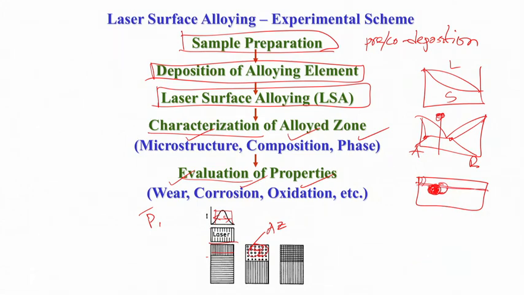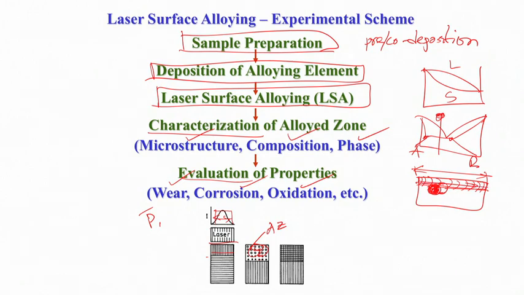The solid-liquid interfaces of the melt pool will move in this direction, and this is how you create an alloyed zone. When you start from this end and reach the other end, wherever there is a fusion zone, you have sufficient churning or intermixing. So throughout this length, you create an alloy which is fairly homogeneous.